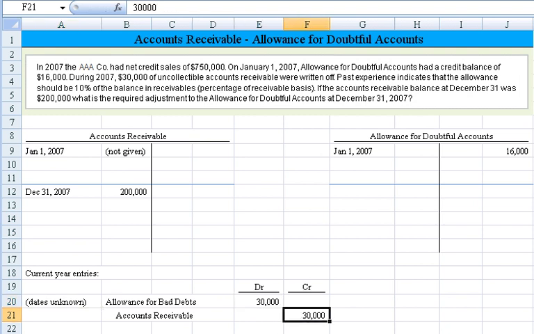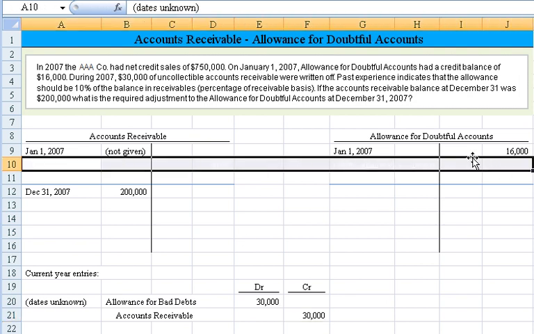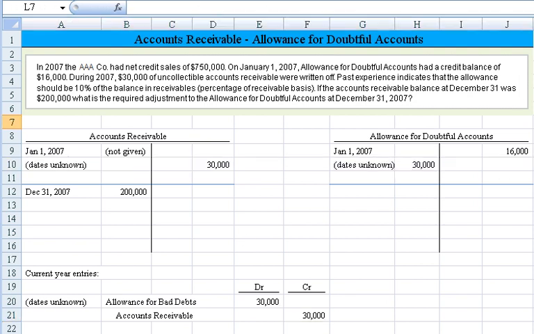We credit accounts receivable. Now when we post that, we get the following entries. We would have the credit to accounts receivable showing up there, right?